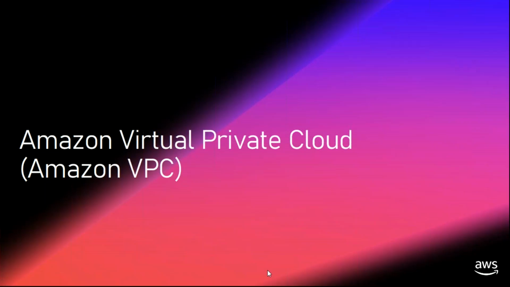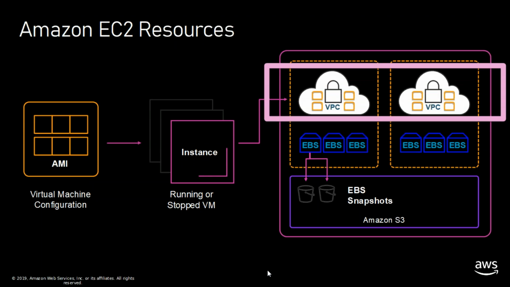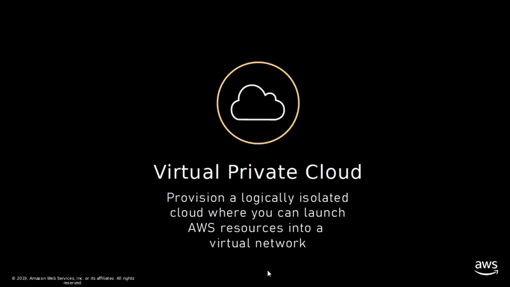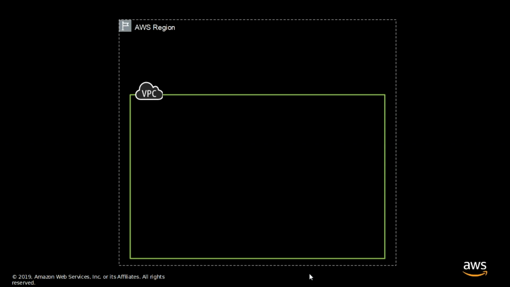After that, we will be talking about Amazon Virtual Private Cloud, or VPC, for our Amazon EC2 resources. A Virtual Private Cloud provisions a logically isolated cloud where you can launch AWS resources into a virtual network.